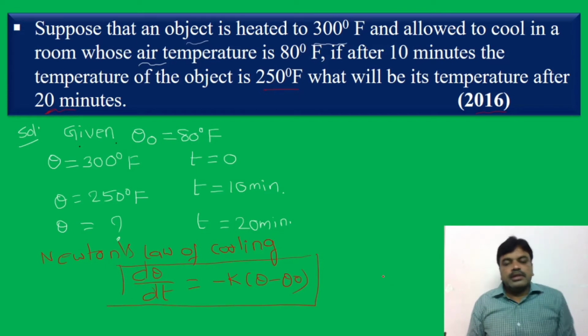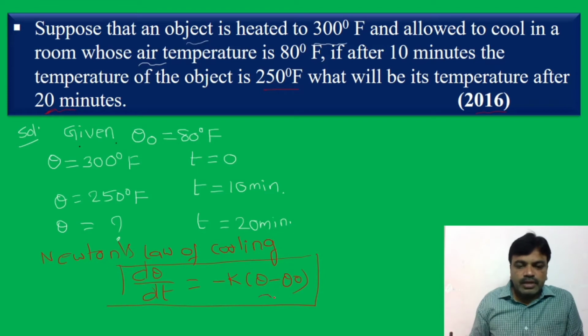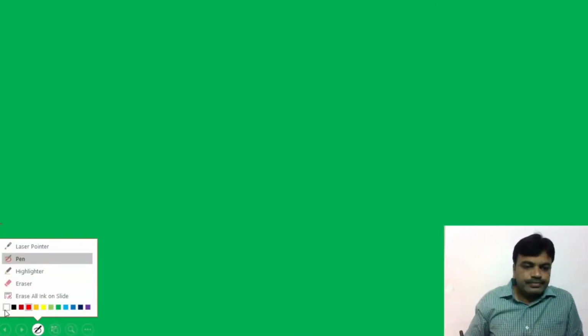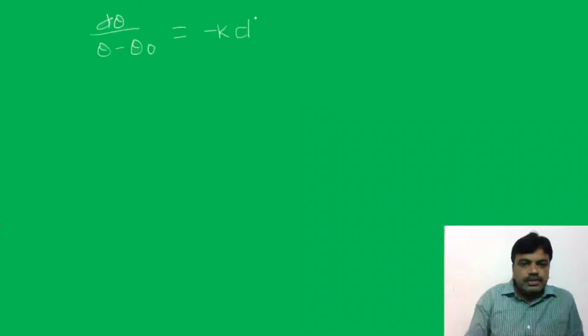Now I transpose theta minus theta naught to the left-hand side and dt to the right-hand side, friends. So we get d theta by theta minus theta naught is equal to minus k into dt.